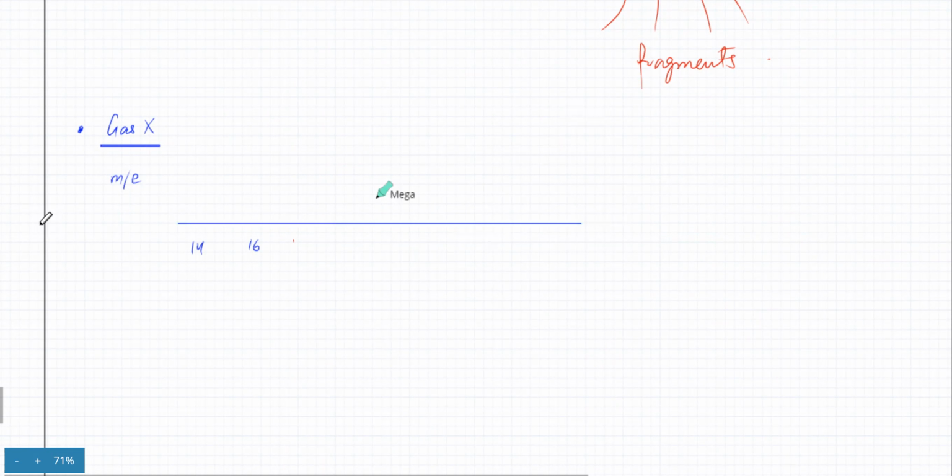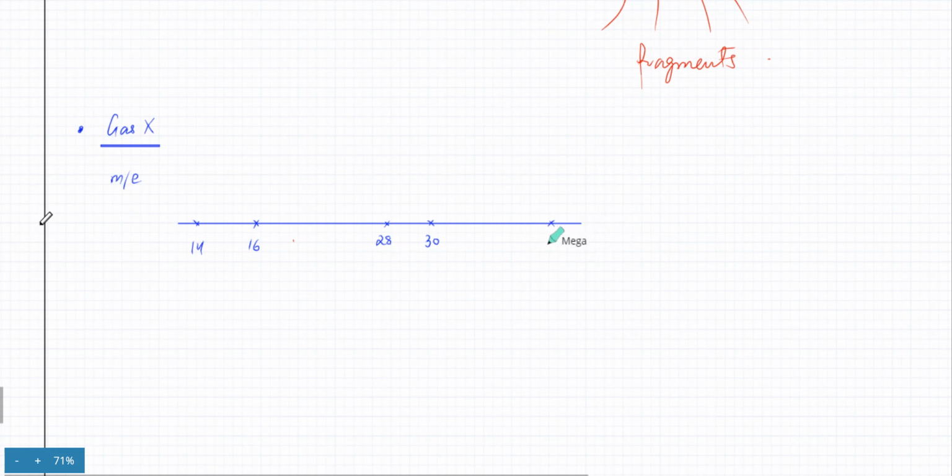So there's some detection that's happening at 14. Some particle is getting detected at having a mass of 16. Then you're getting something at 28. Then you're getting something at 30 as well. And then finally you're getting something at 46. I think it's 46.